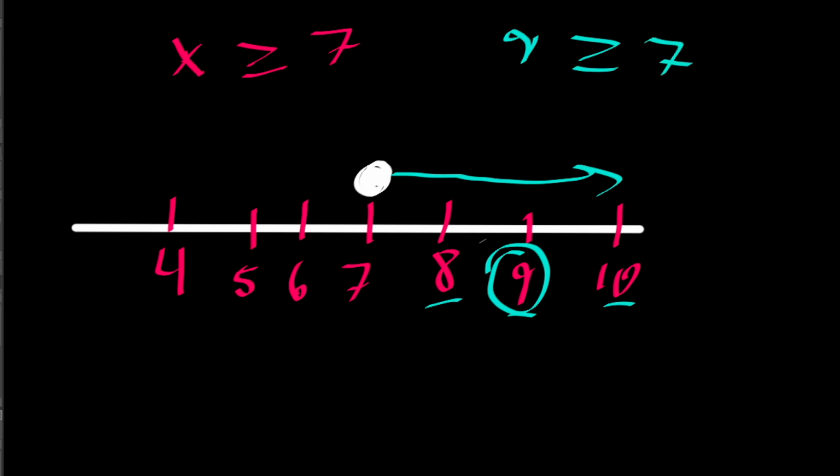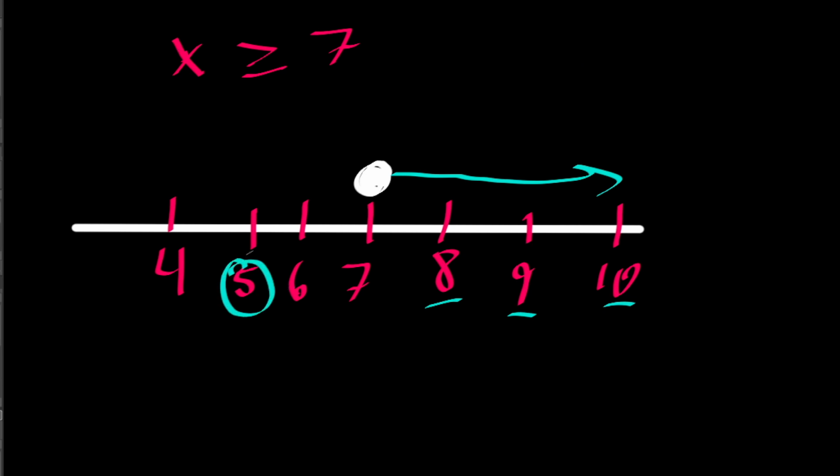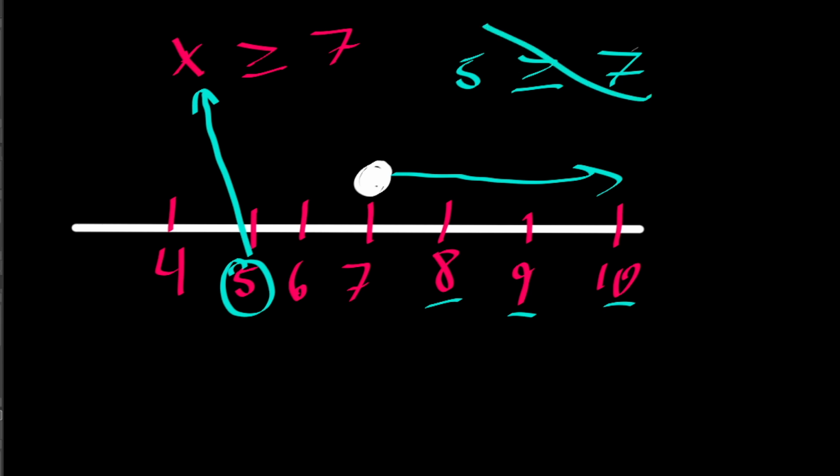Is that true? Yeah, it is. Here's how you know that you didn't do the problem correctly. Watch what happens if I plugged in 5 for x. 5 greater than or equal to 7. Is that true? No. So if I accidentally made the arrow point to the left, I could just check my answer real quick and fix it.